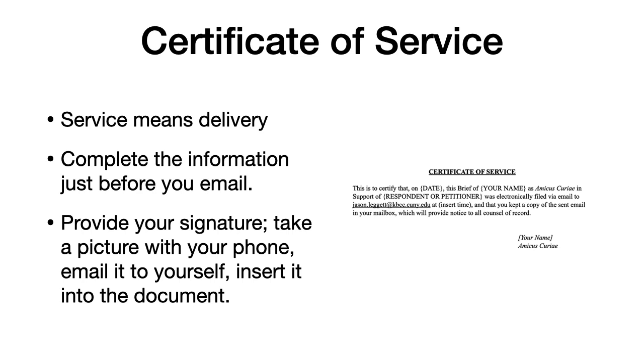So right now it's 10:47 when I'm making this, so I'd say I'm going to send this email at 10:50 a.m., right? And so you put that in, and then it should match, right? When I get the email, it should be the same time. And again, you're just inserting your picture to say I certify that I did this, and then obviously you want to keep a copy for your own records, right? Keep a copy of your document and your email.